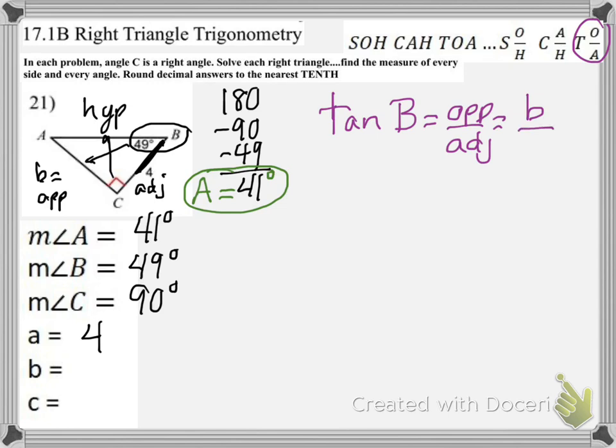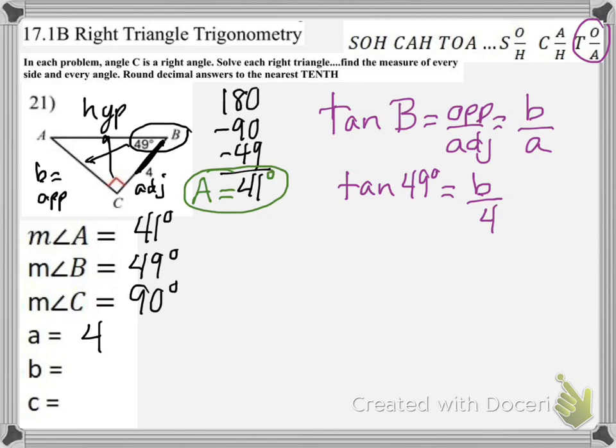And the adjacent can't be C, so it must be the A. I don't usually bother to write down that step. Makes more sense to go straight to tangent of the angle I know, 49 degrees, equals the side opposite that, I don't know B, I'll write it down, over the adjacent, which is 4.